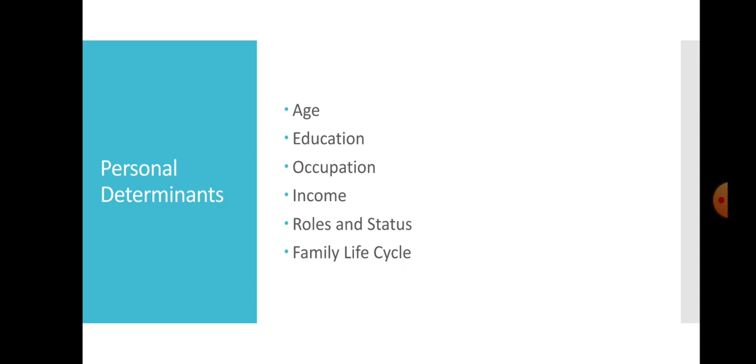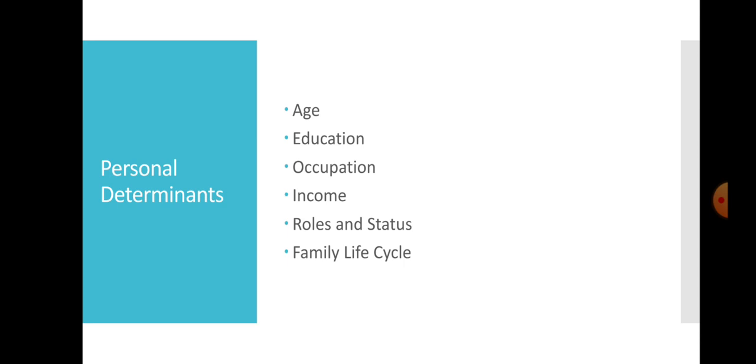So the marketer should try to recognize what segment of people he is going to deal with, and what kind of occupation that segment is following, and accordingly he must design his products that cater to the needs of that particular occupational group.